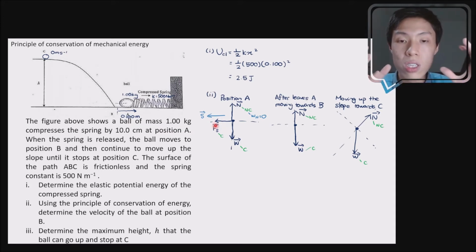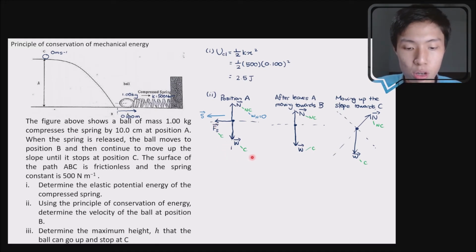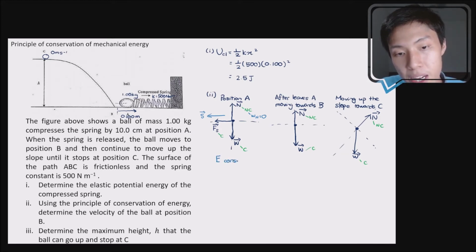Thus, the total work done is only caused by the restoring force of a spring, so there is no work done by non-conservative force. So for this portion of the journey, the mechanical energy is conserved. E is representing mechanical energy, not energy. E is conserved at this point over here.